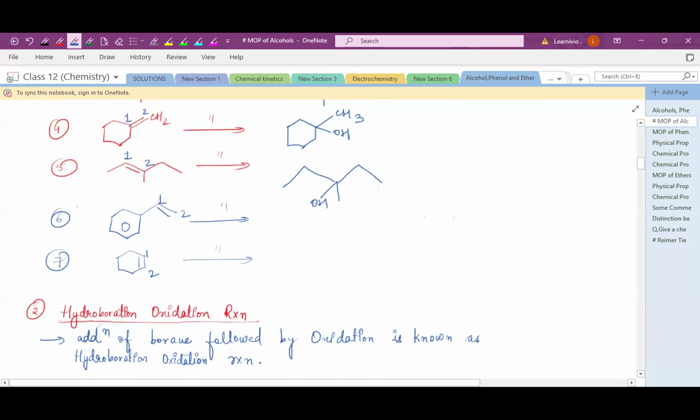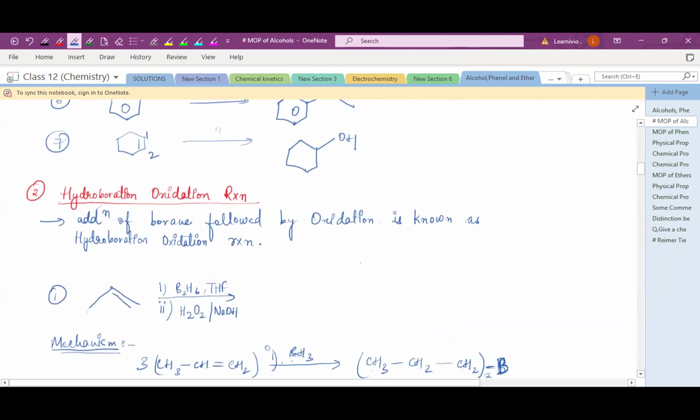And what about the sixth one? First. Okay, first. Okay, seventh one, because the seventh is symmetrical, you can attach OH to any of the carbons. Attaching on the first one, you will get this. Okay, so it's clear.